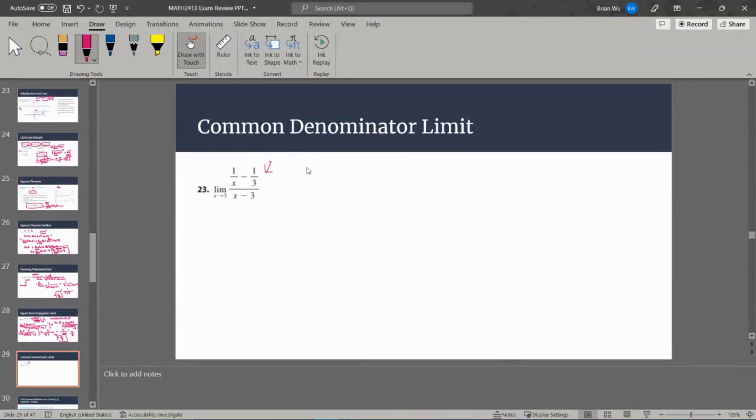So in this case, you have 1 over x minus 1 over 3. In order to get a common denominator, you cross multiply, and the numerator becomes 3 minus x over 3x.